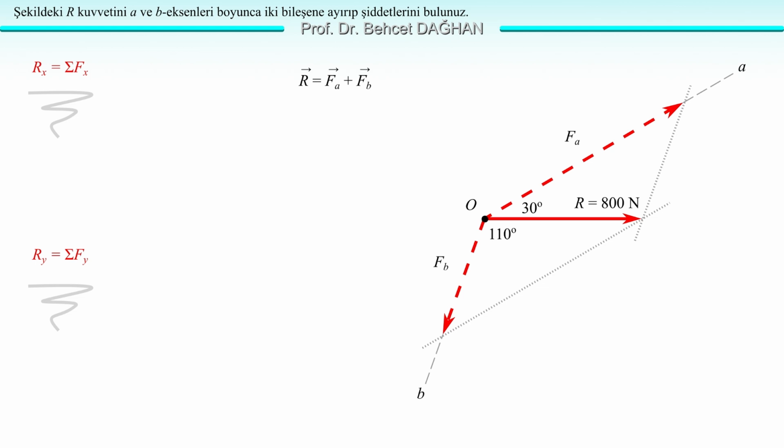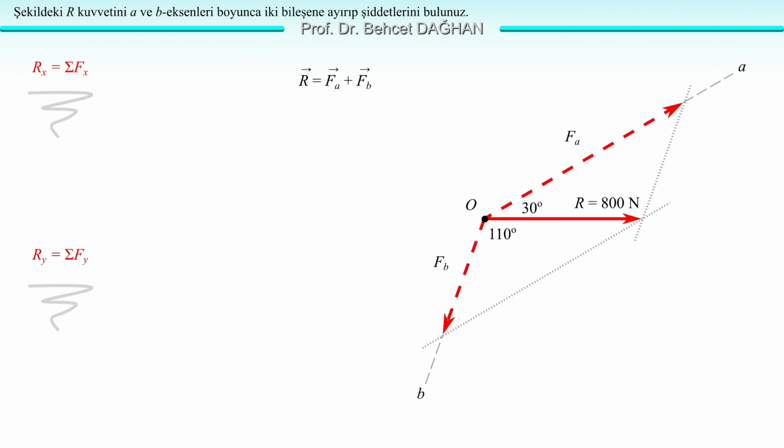Any direction. It doesn't have to be horizontal or vertical. The projection of the resultant onto any direction is equal to the sum of the projections of the components onto that direction. Of course, we need to perform this addition by taking into account the signs originating from the directions. Let's not forget that.